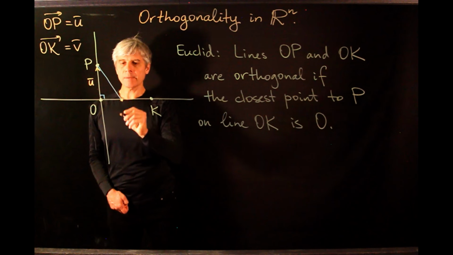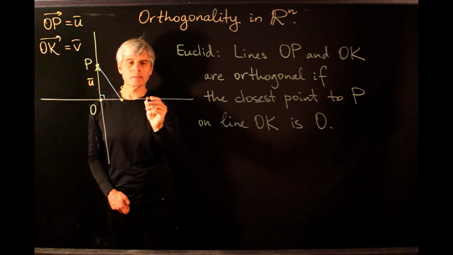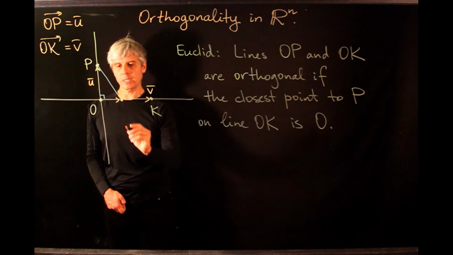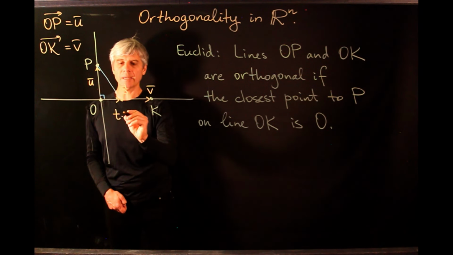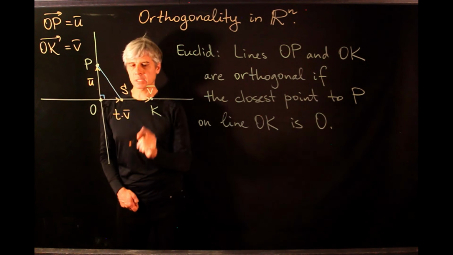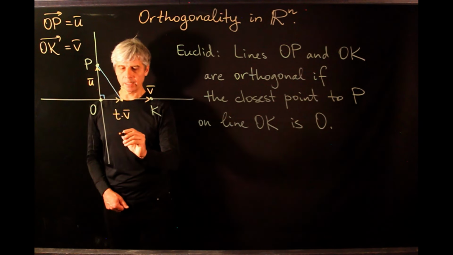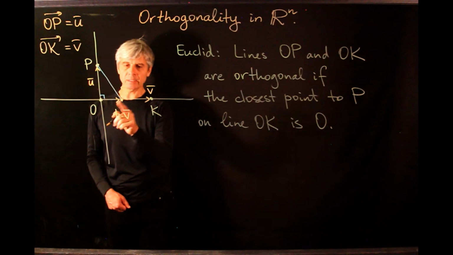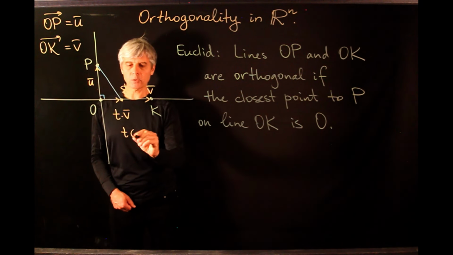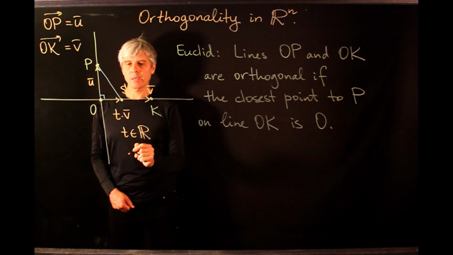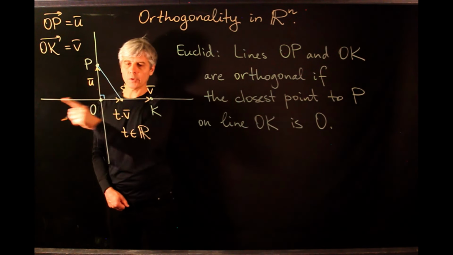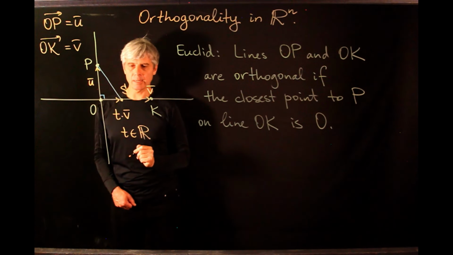So if we take some point S here, then this vector here can be written as T times V. So it's a multiple of this vector V, right? And as T varies, when T runs over real numbers, then the point S will run over this line here.